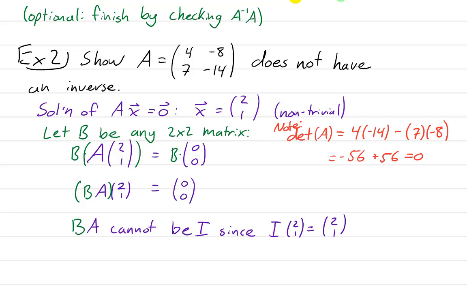By the way, the determinant of a 2x2 matrix is the product of the main diagonal entries minus the product of the other two diagonal entries. And you get 0 here. In general, this is always going to be 0 when your matrix is not invertible. We're going to explain why that is in a little bit.